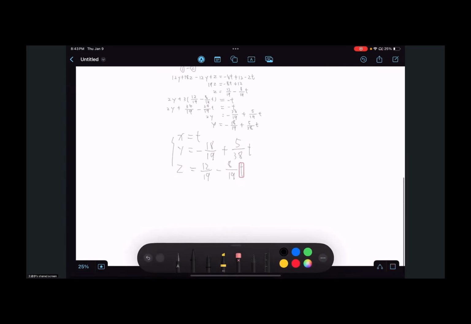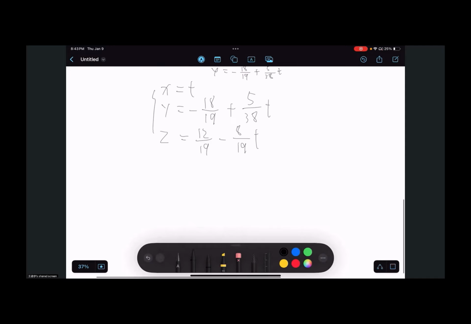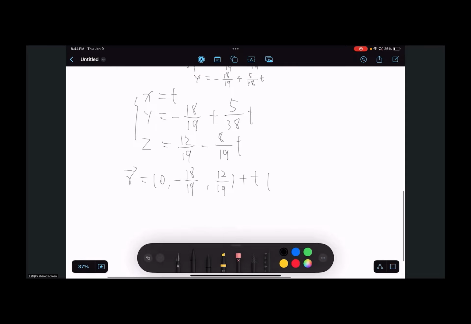And we can write it into vector equation, which is vector r equals 0, negative 18 over 19, and 12 over 19 plus t, because the direction vector needs to be integers, so the direction vector is 38, 5, and minus 16.